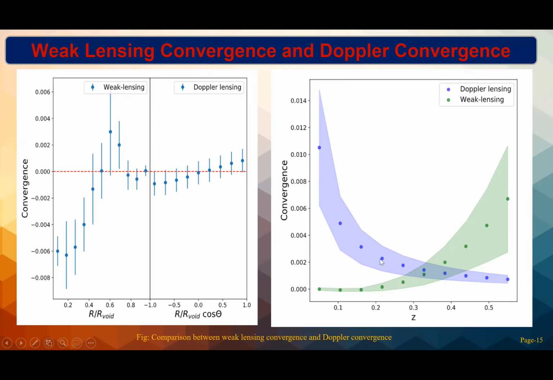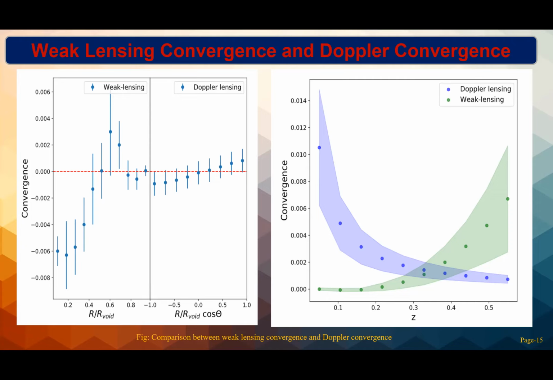What we observed from this figure is that at lower redshifts, the convergence value due to Doppler lensing dominates over the standard weak gravitational lensing, whereas at higher redshifts, the convergence value due to Doppler lensing drops, since the factor in the brackets in the Doppler convergence equations decreases, while the convergence value due to weak lensing increases.